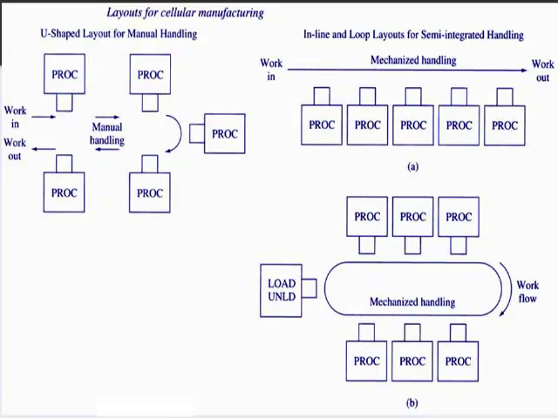You see certain layouts of this cellular manufacturing or flexible manufacturing lines. We have a U-shaped system here where five machines are placed, and at one place work pieces are loaded, and at the same place the work pieces are unloaded. The work parts are automatically transferred from one machine to the other in a sequence. In the line layout, you see that the work part is loaded at one end and the finished part is unloaded at the other end.